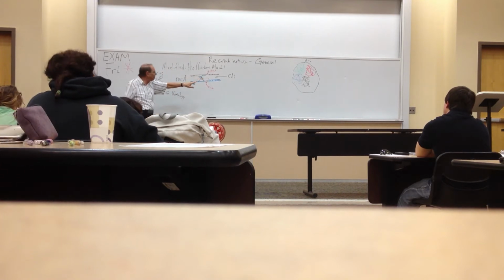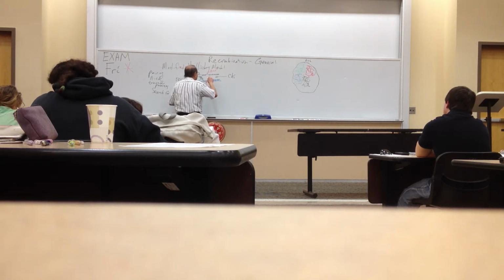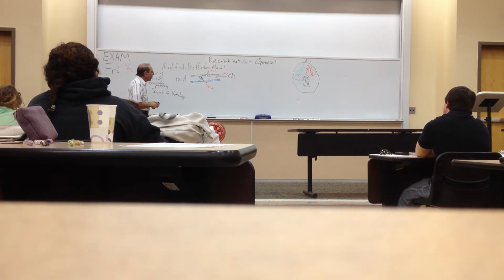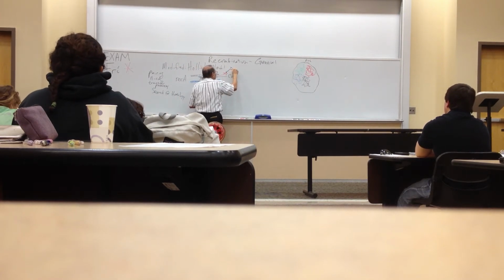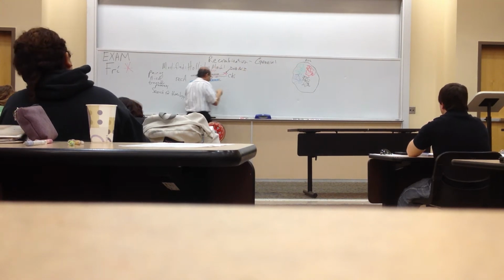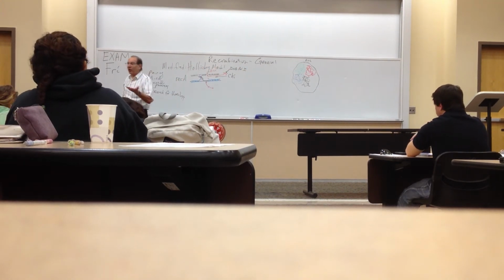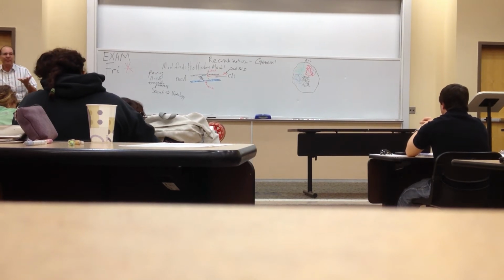That's going to have to be removed. And then we have a gap. We have a gap there. And so the gap is going to be fixed by DNA pol 1. And so this is going to work just like it does during replication.